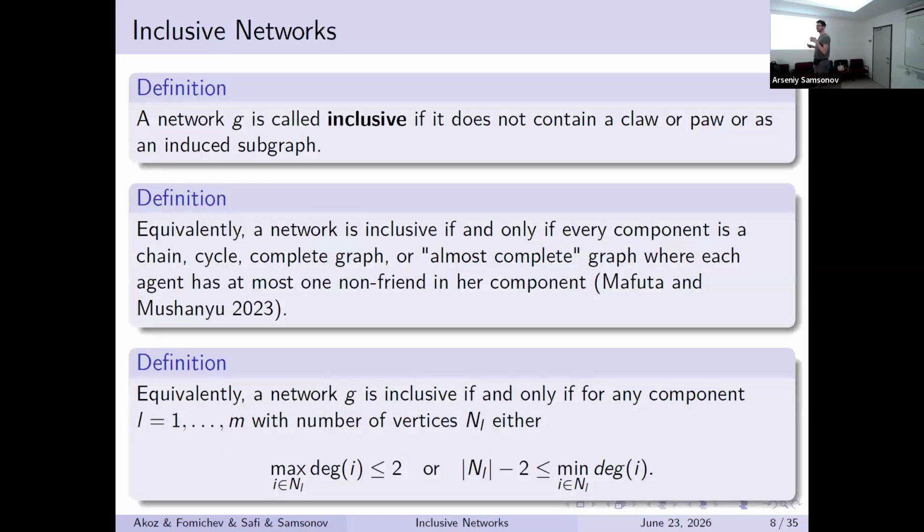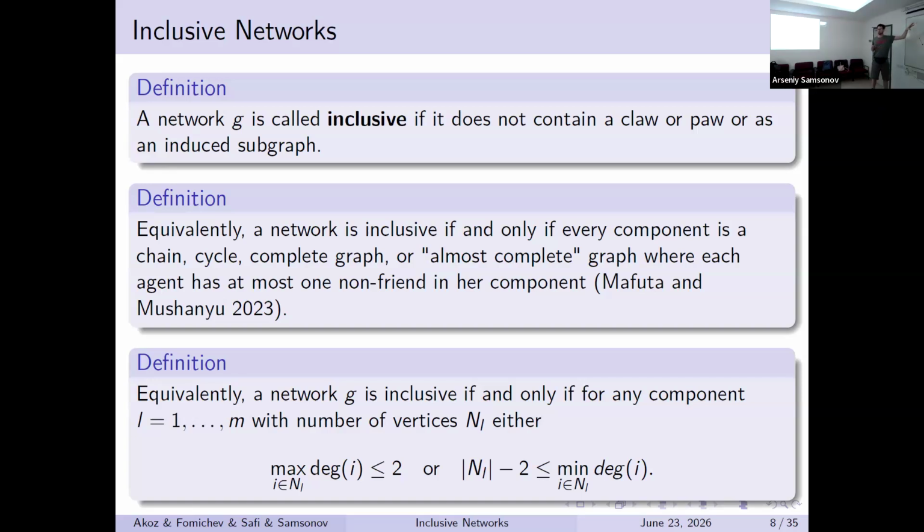So we define inclusive networks as networks which do not contain a claw or a paw as an induced subgraph. I will give you some equivalent definitions later on. Let me also comment on what an induced subgraph is. Here, the blue graph is an induced subgraph of the whole graph.